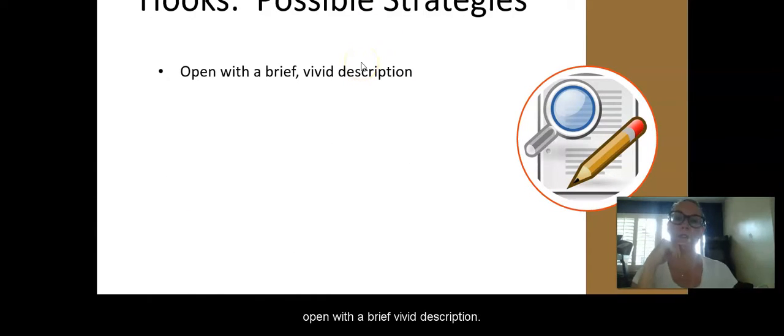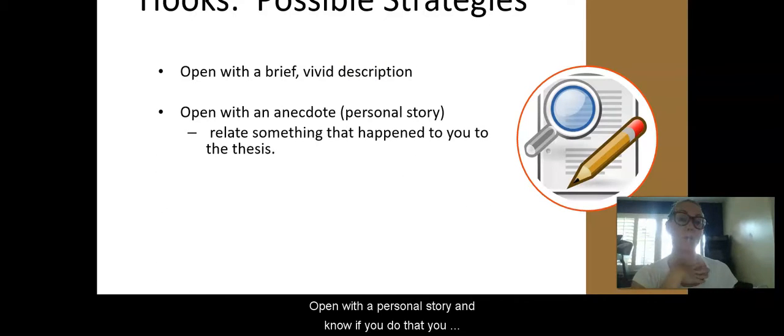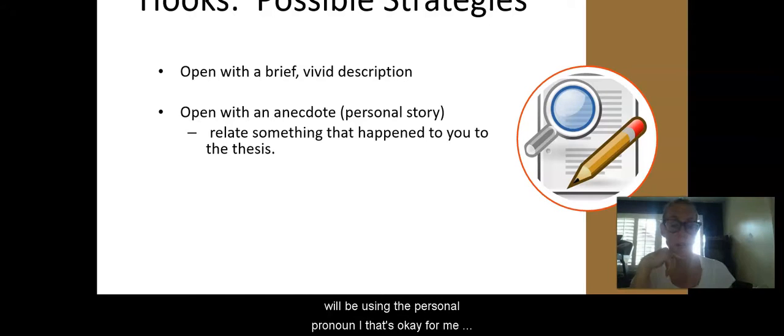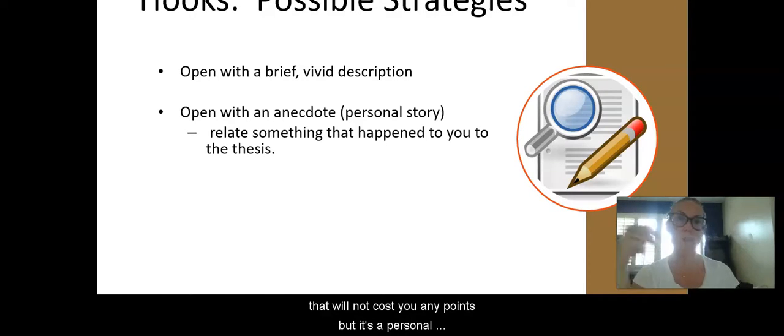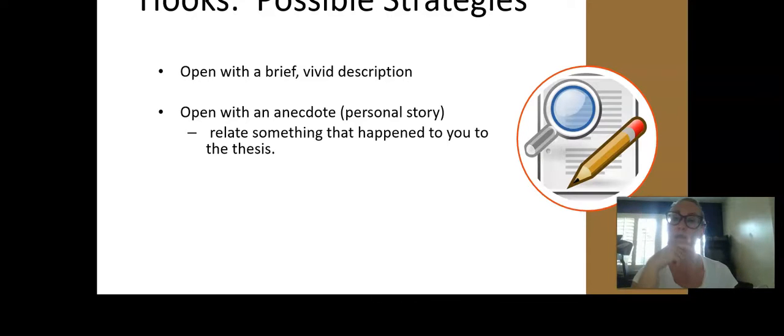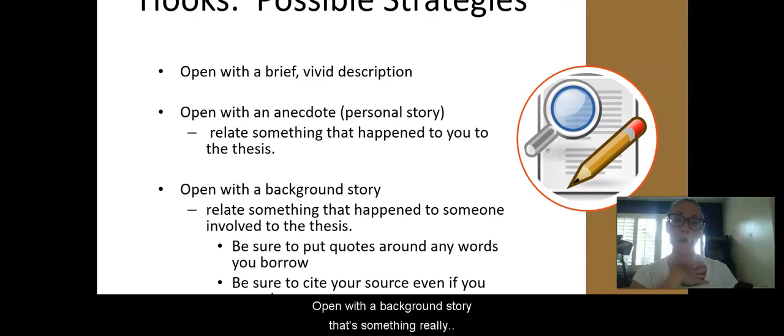Open with a brief, vivid description. Open with a personal story, and note if you do that, you will be using the personal pronoun I. That's okay for me. That will not cost you any points, but it's a personal choice up to each student. Open with a background story. That's something related, something that happened to someone involved in the thesis, okay?